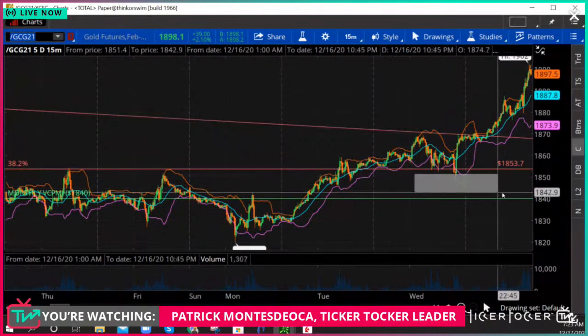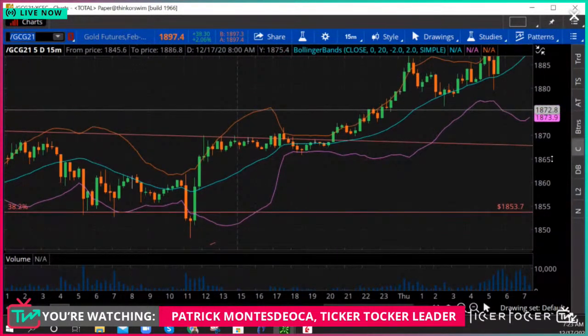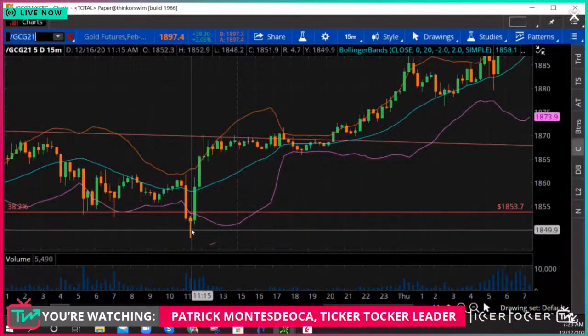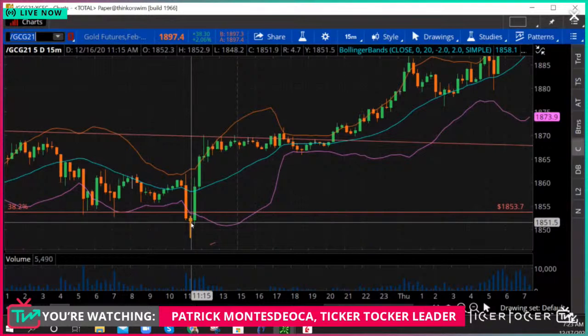Now, what I want to show you here is an impressive amount of buyers that came in, that was identified by the market. It was about 11:15 a.m. yesterday when the market came down to a low of 1848.